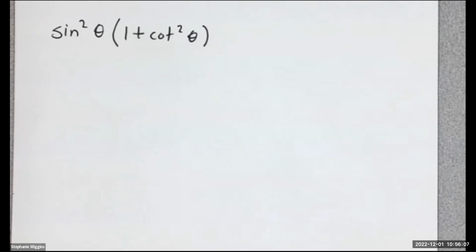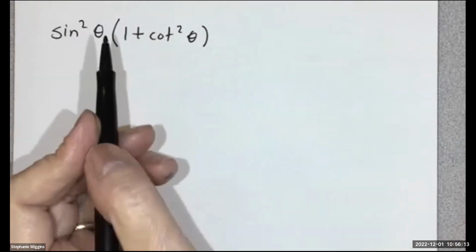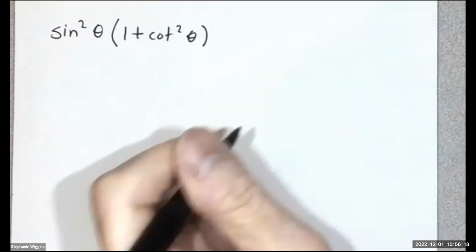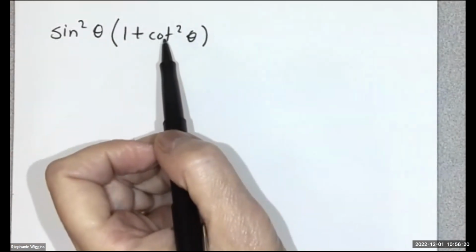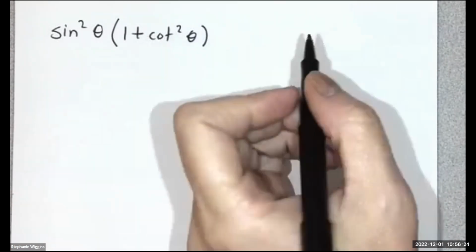Okay, so we have sine squared, and 1 plus cotangent squared is the same as cosecant squared. I think that's right.